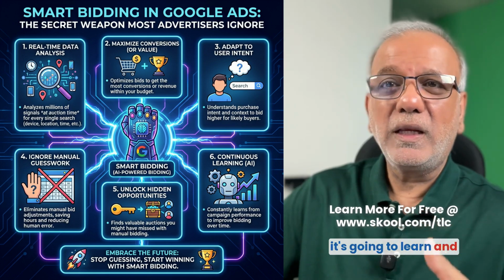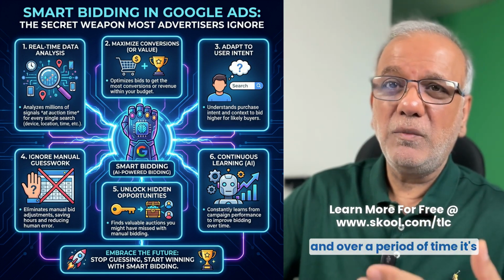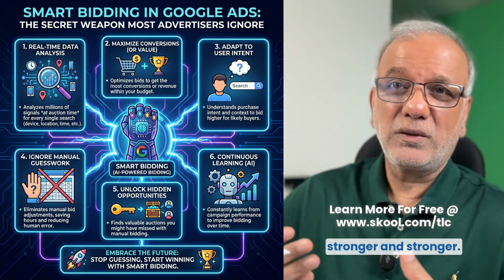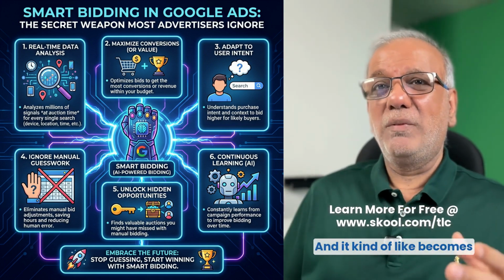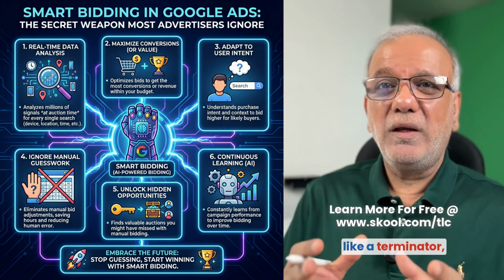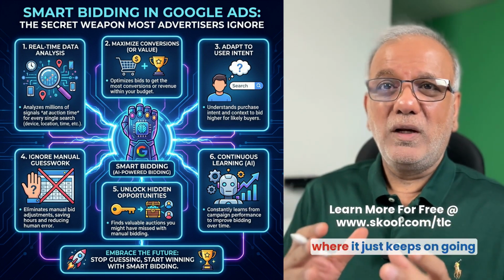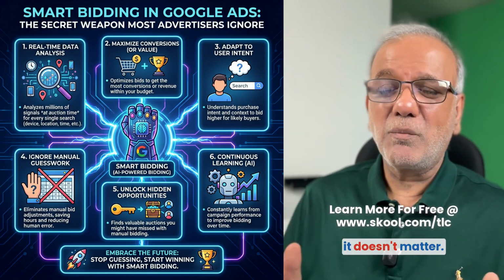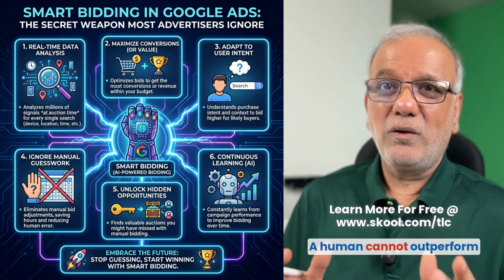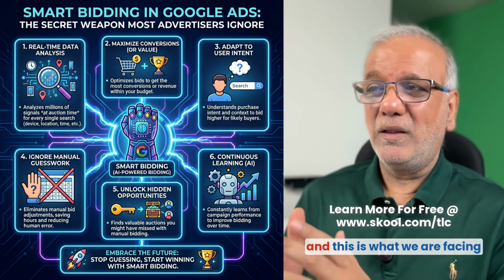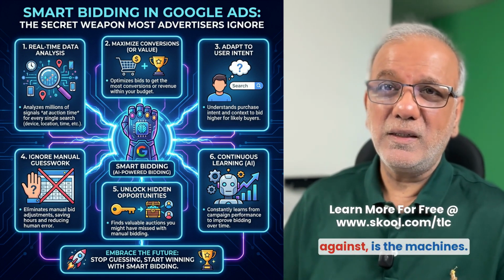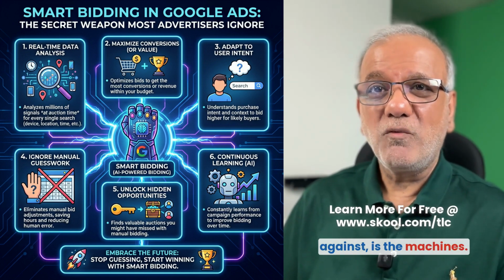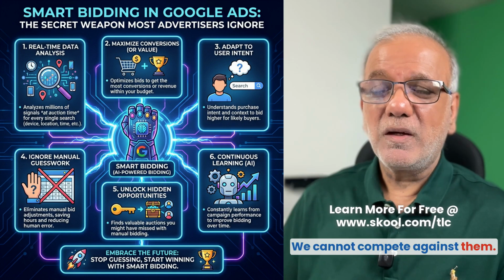It's going to learn and keep on learning, and over a period of time, it's going to get stronger and stronger and stronger. It becomes like a Terminator, where it just keeps on going on and on and on. Whatever is thrown at it, it doesn't matter. A human cannot outperform a Terminator. And this is what we are facing, the machines. We cannot compete against them.